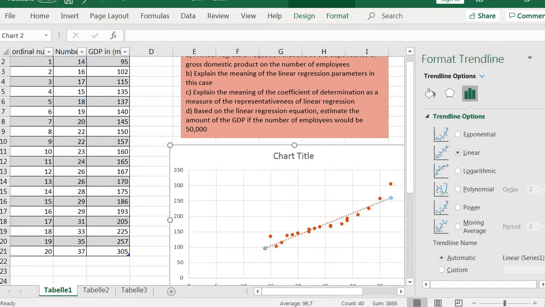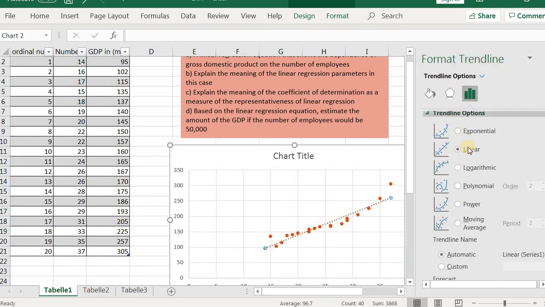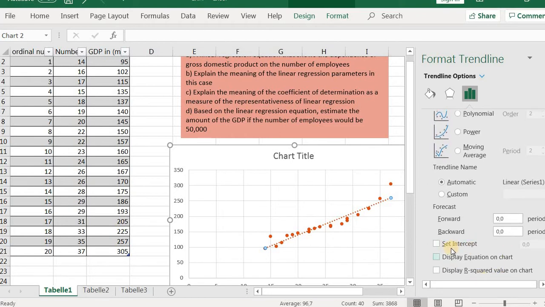Because here is our trendline option, linear, and we need the equation, and we need the R squared value. If this value is bigger, then the graph is more representative, and we need this R squared value.